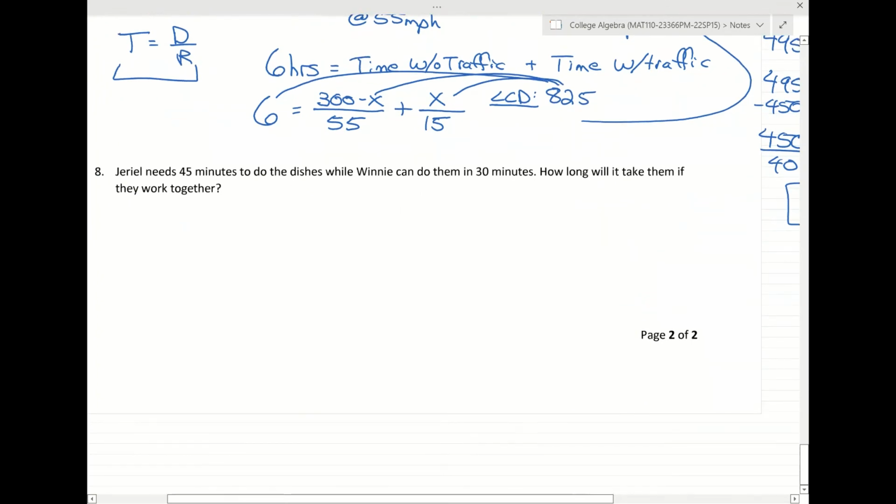For this last problem, it says Jerry L needs 45 minutes to do the dishes, while Winnie could do them in 30 minutes. How long will it take if they work together? All right, so this is an easy problem. Let me show you how we set it up. Say that work is equal to rate times time.